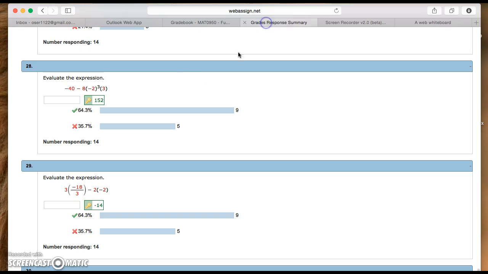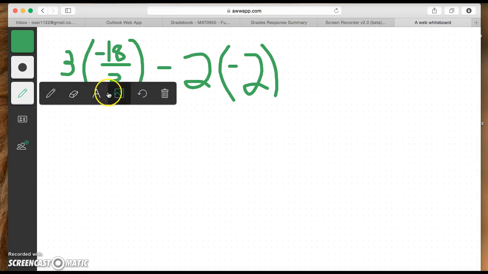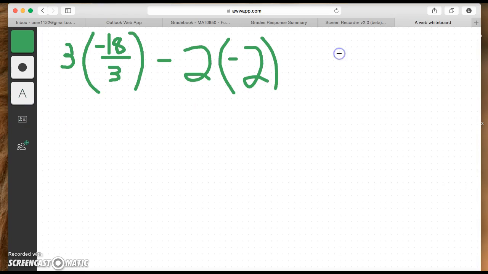And what are we left with? 3 times negative 18/3 minus 2 times a negative 2. Alright, so do not forget PEMDAS.